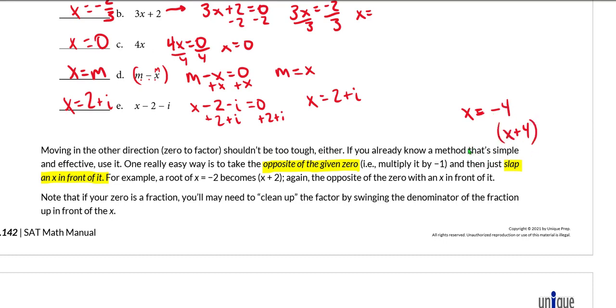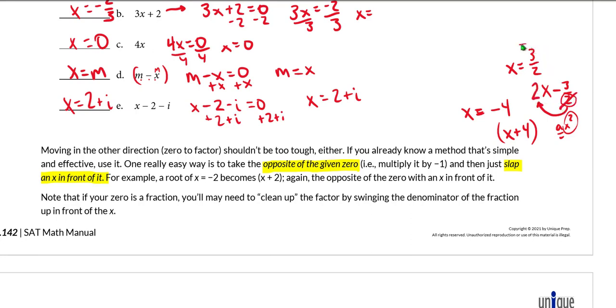If we have a fractional 0, often what we need to do, so let's say we have x equals 3/2, we would take the opposite, we would throw an x in front, and then usually it really depends on what the quadratic looks like, namely what your a value is in front of the x squared term, but usually you're going to have to swing the denominator of the fraction in your factor up in front of the x and then get rid of that denominator.